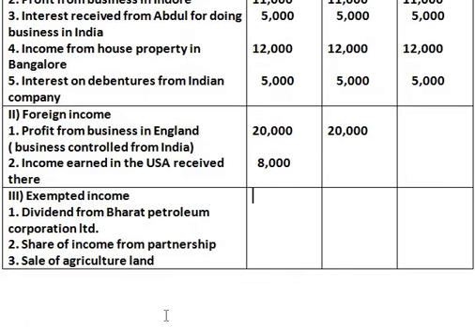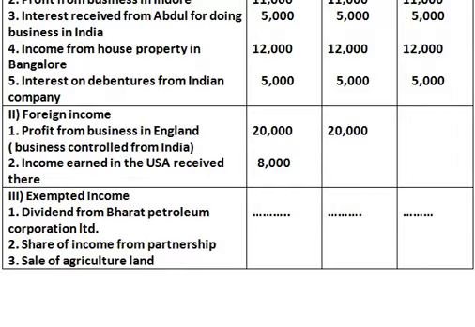So under exempted income, dividend from Bharat Petroleum Corporation is exempted from tax. Therefore, we are writing amount nil. So it is not taken in any of the columns. Exempted incomes are not at all taxable, therefore they are not taken in any column.